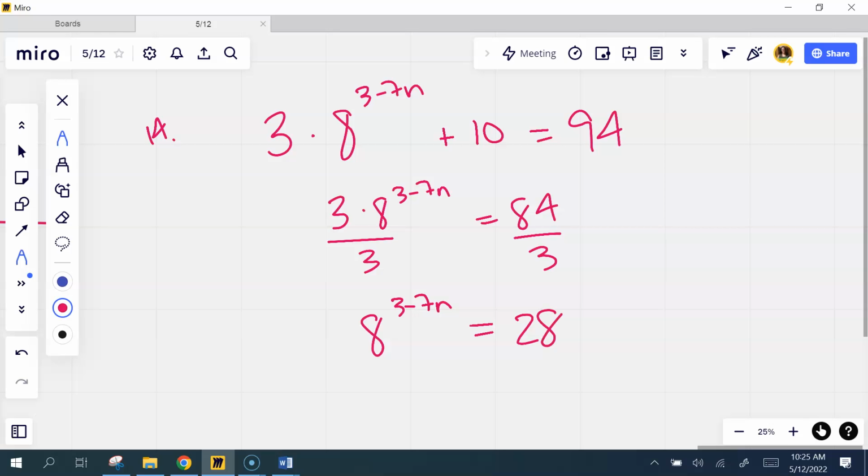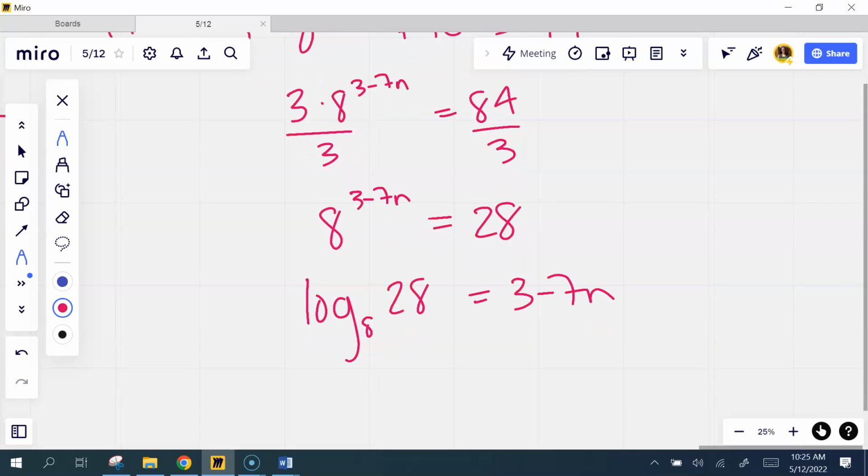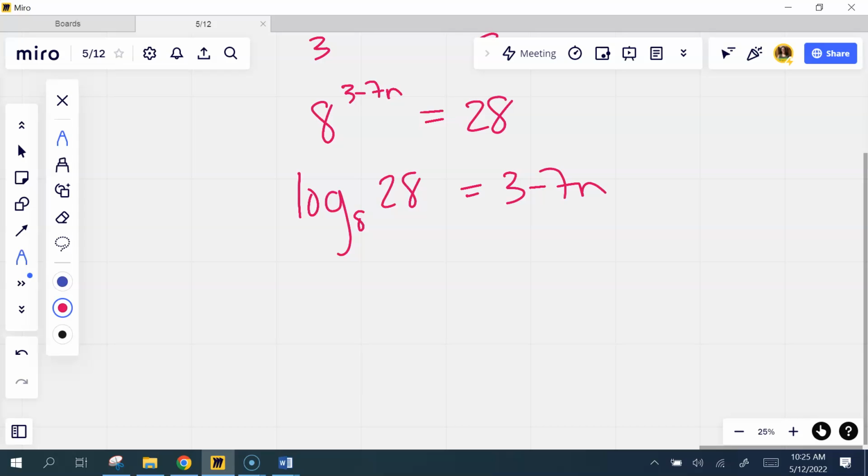So I'm ready to do the log. So log base 8 of what? Get your value for that log first, and then solve for the n. What is it? 1.60. These are just on the calculator, y'all.